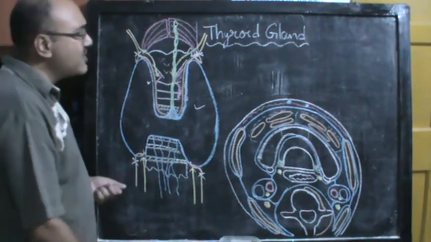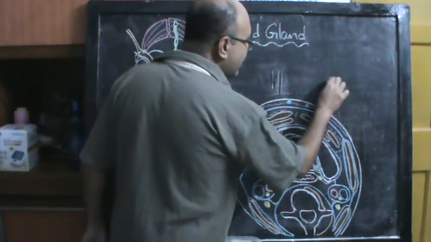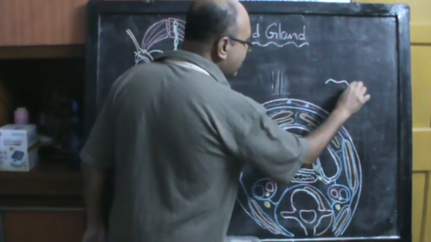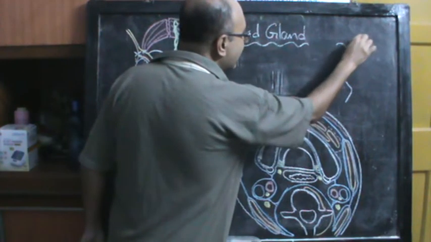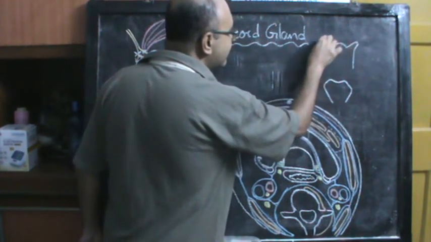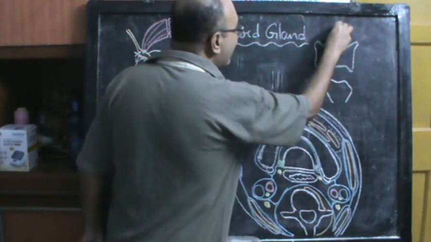If you want to go to these muscles in a different way, then you have to draw, suppose, the manubrium of the sternum, and then you have to draw the thyroid cartilage, and you have to draw the hyoid bone.